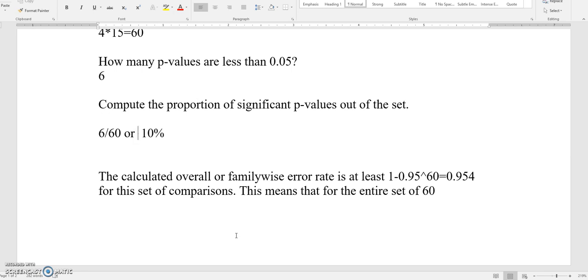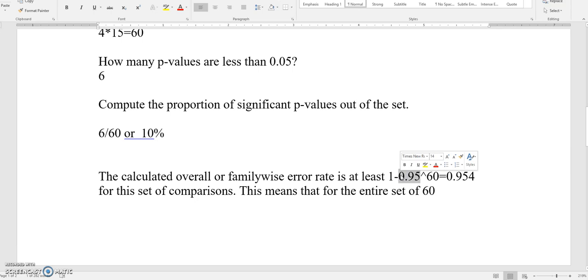So if we want to calculate the overall or family-wise error rate, this is something you'll see in the notes, what it is, is at least 1 minus 0.95 to the 60th. We go into this in more depth in the notes, but basically, if we have 5% error, then we have a 95% chance of being right.